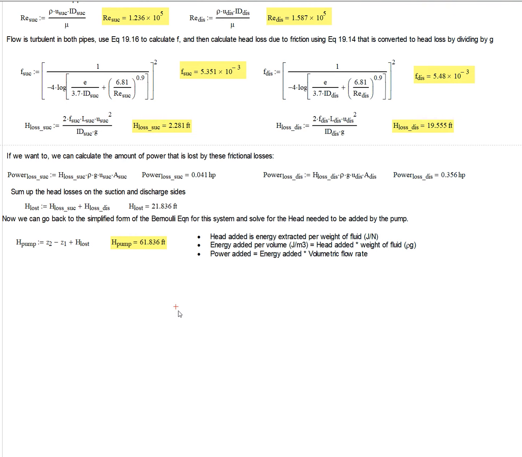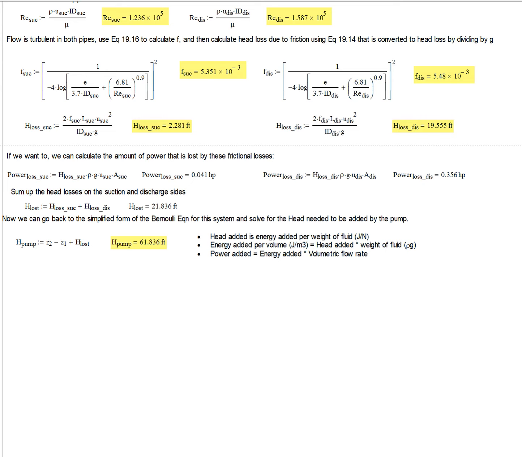And this can be converted to horsepower because remember, head added is energy added per weight of the fluid, in joules per Newton. And then if we want to get the energy added, we take the head added, we multiply the weight, which is rho times g. It's not just mass, it's rho times g. And then to get the power, we take the energy added and we multiply by the volumetric flow rate.